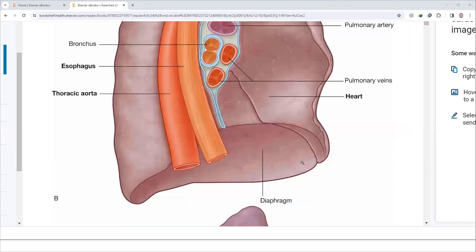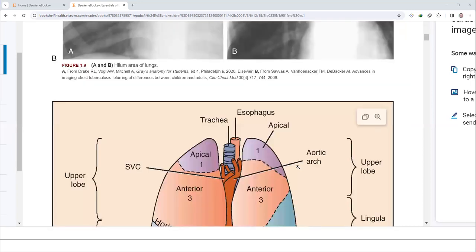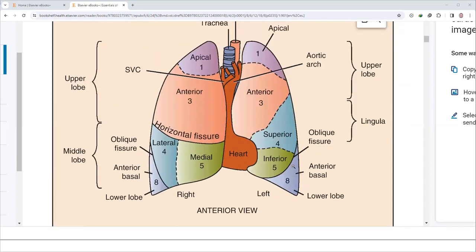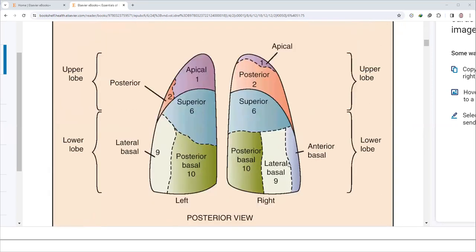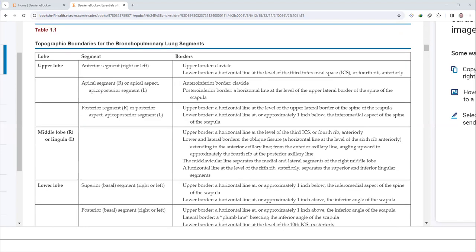And it is also divided into different segments, as we will see. So this table is nice, it gives us a summary.